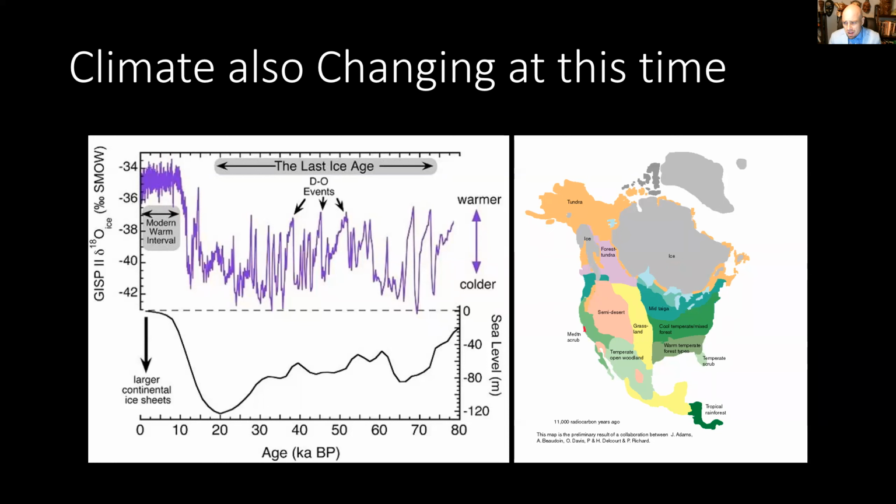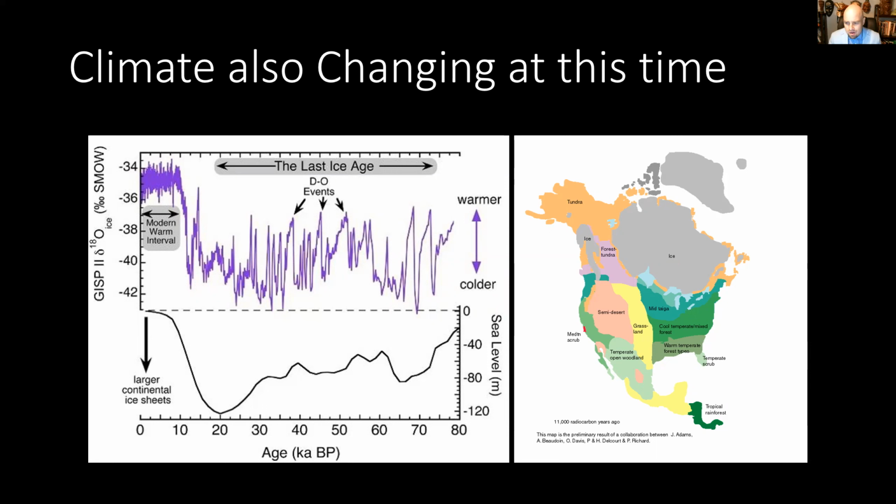This isn't the first time that there's been a warming or a cooling period. There are multiple of these periods over the last couple of million years. Many of these species existed for hundreds of thousands, if not millions of years. So what was so special about this warming event that happened 20,000 to 8,000 years ago that killed off these animals? Why did previous warming events not do this?